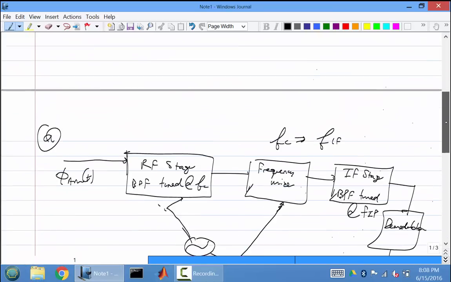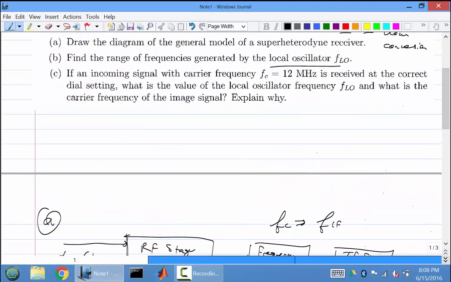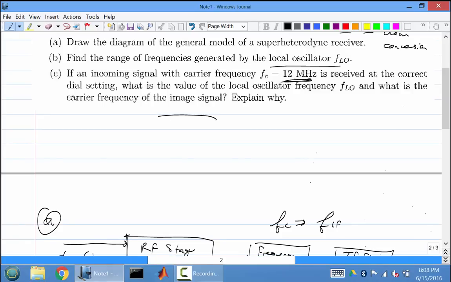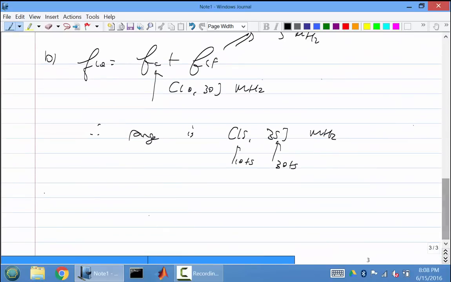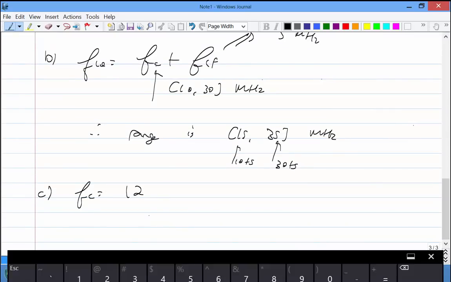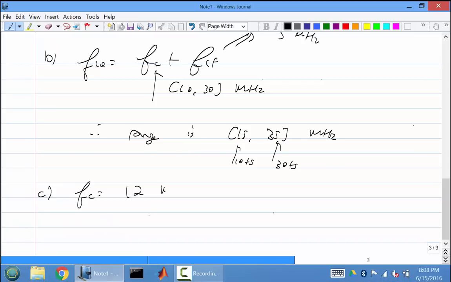Okay, so that's B. C is, if the incoming carrier frequency, so if you want to get your station at 12 megahertz, what is the value of the local oscillator and what is the frequency of the image signal? That's very simple. If FC equals 12 megahertz, this means the local oscillator is simply going to be 17.